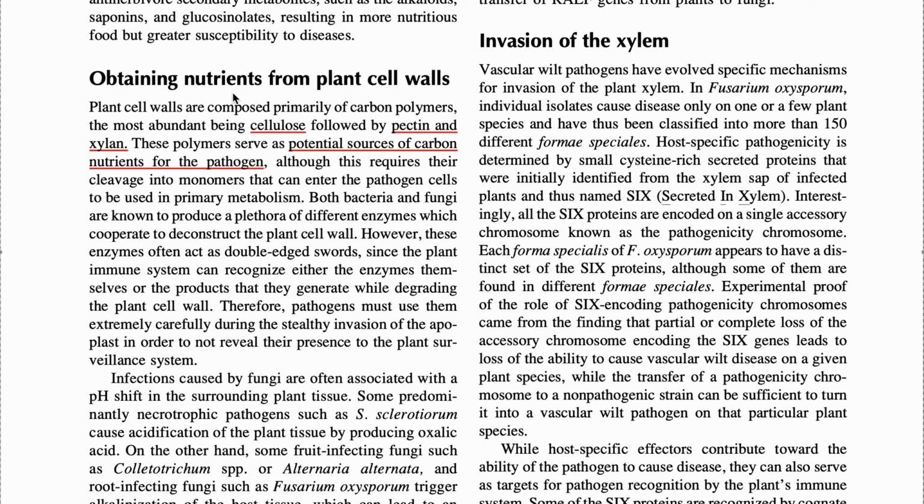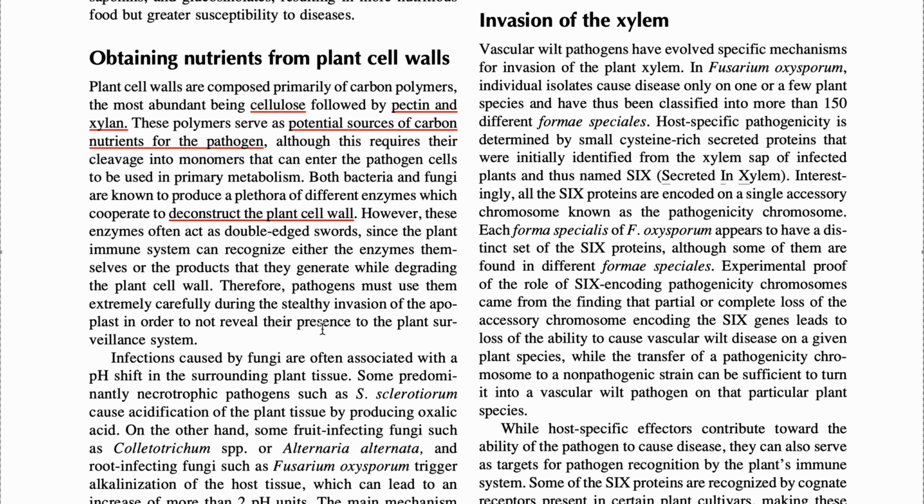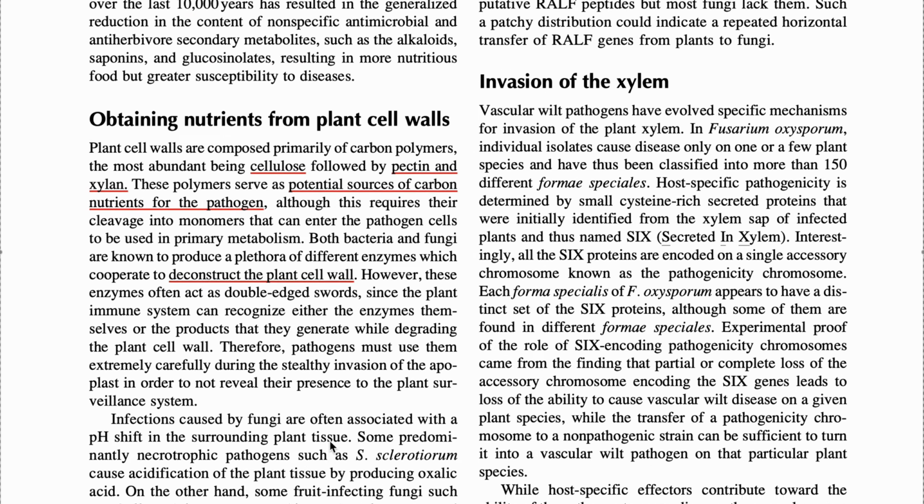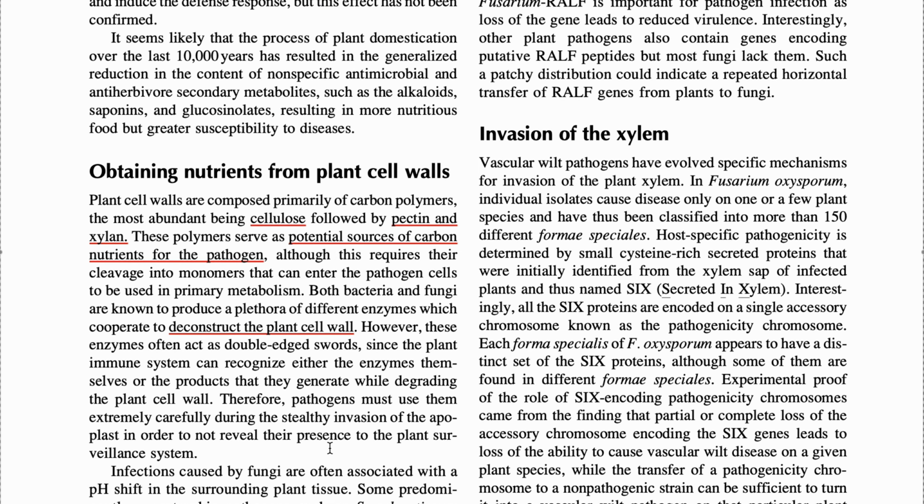So they are very clever as well. Although this requires their cleavage into monomers that can enter the pathogen cell to be used in primary metabolism. Now, both bacteria and fungi are known to produce a plethora of different enzymes which cooperate to deconstruct the plant cell wall. They have given some examples of how they do that. We are keeping it simple.